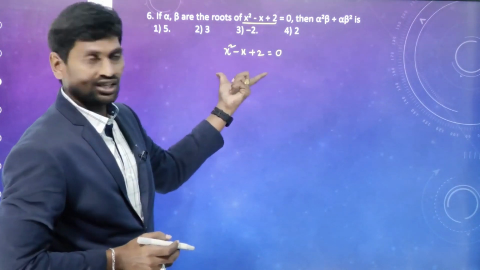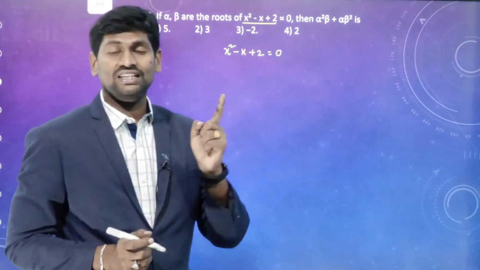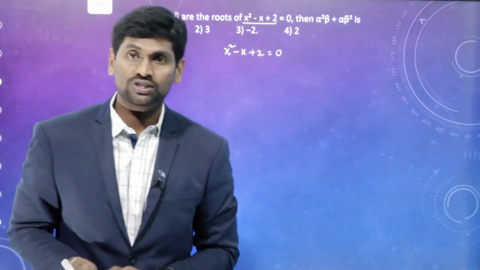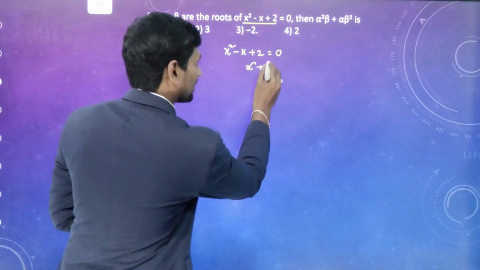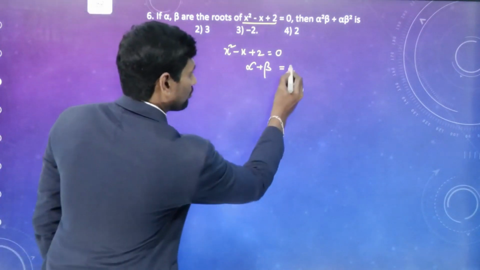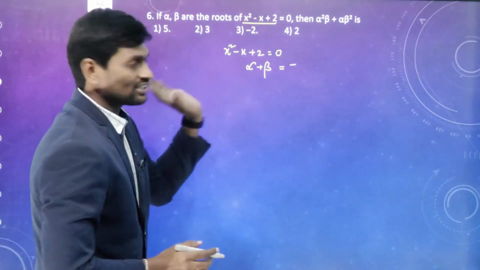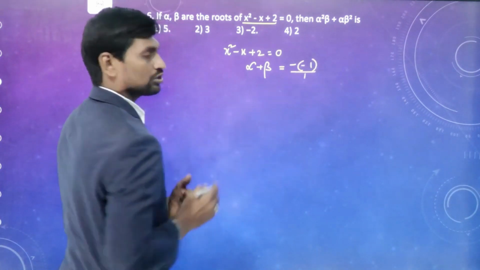So if you have the given quadratic equation, you already know how to find the sum of roots and product of roots. What is the sum of roots formula? Alpha plus beta, sum of roots, is minus b by a. So minus b value is minus 1, a value is also 1.